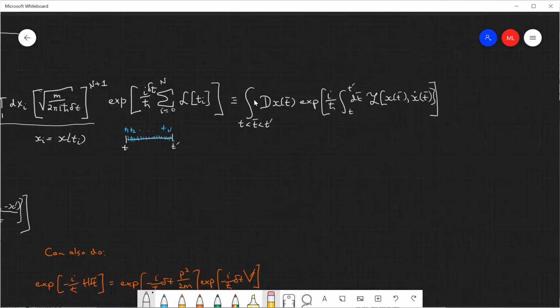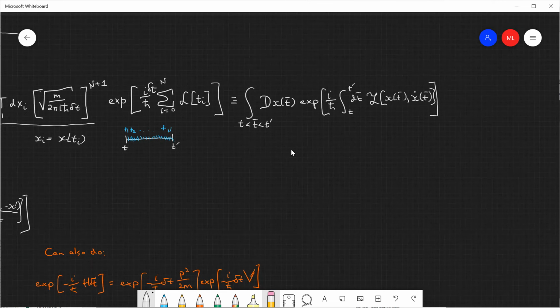And each path is weighted by this complex phase. And this complex phase is given by i over h bar, an integral from the initial time to the final time of the classical Lagrangian.